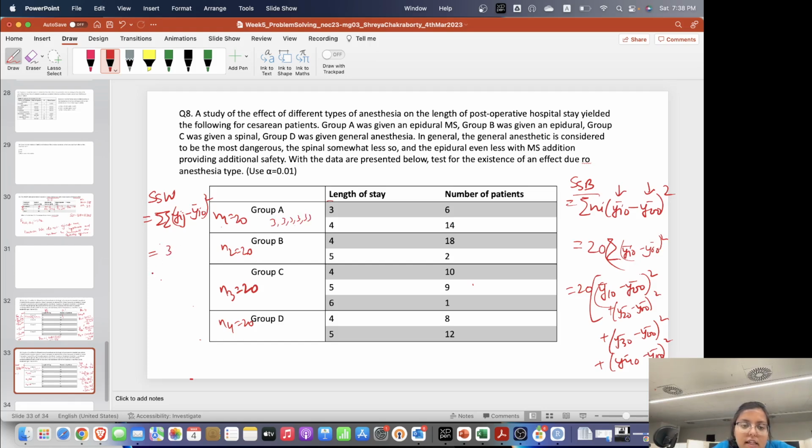So 6 into 3 minus the group mean y1 naught bar whole square plus 14 into 4 minus y1 naught bar whole square. Then again plus 18 into 4 minus y2 naught bar whole square plus 2 into 5 minus y2 naught bar whole square, and so on. You got the logic?